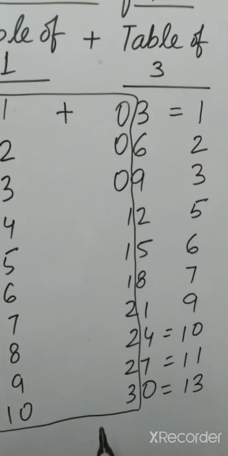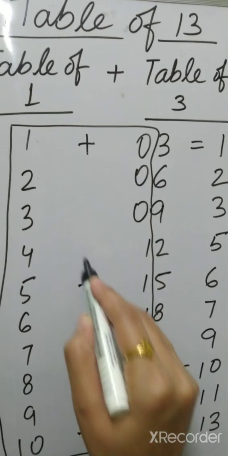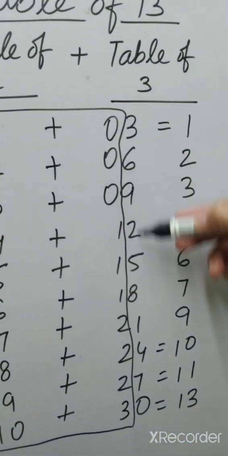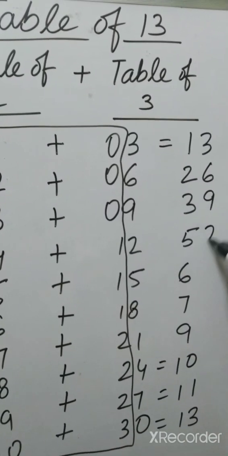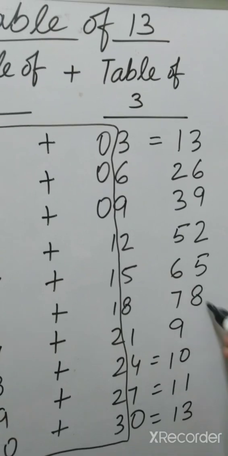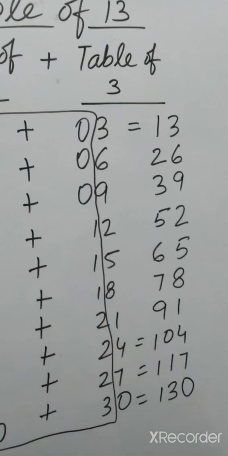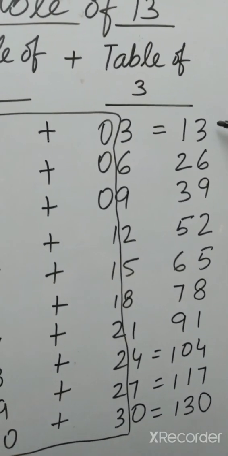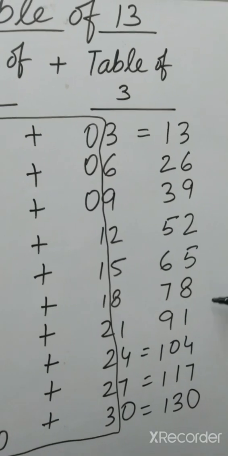So this is what we got by adding all of these. Now this line, you write as it is. 3, 6, 9, 2, 5, 8, 1, 4, 7 and 0. So this is the table of 13. 13 ones are 13, 2s are 26, 39, 52, 65, 78 and so on.